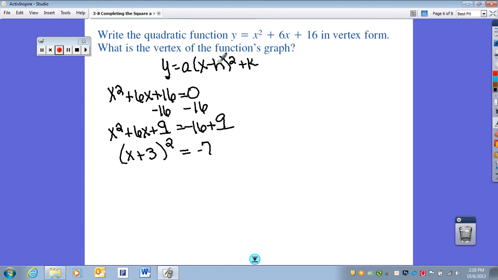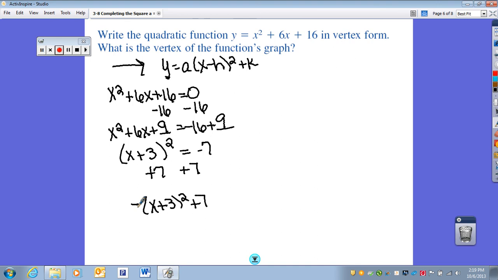Now if you take a look at the vertex form, you're going to notice that it looks really close to what we have so far. But we need this to equal y, so we're actually going to add 7 to both sides. So we have x plus 3, the quantity squared, plus 7 equals 0.